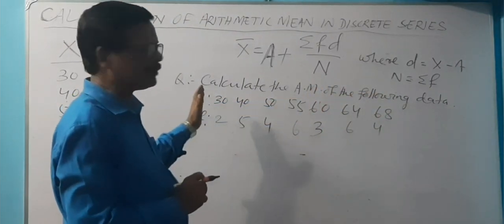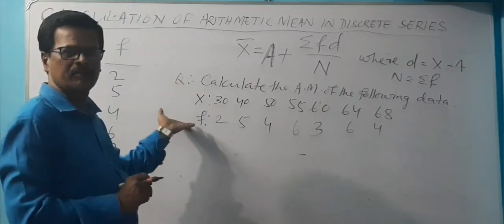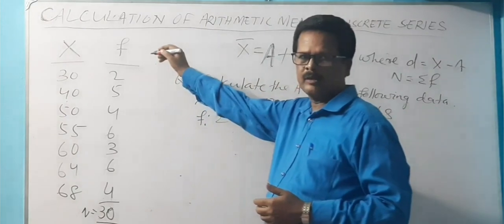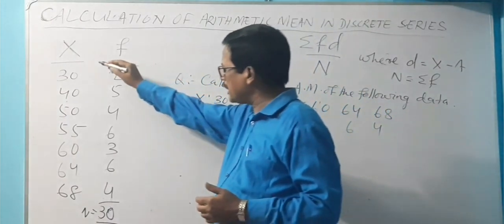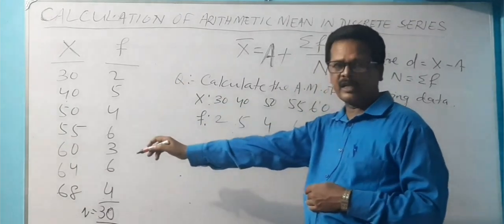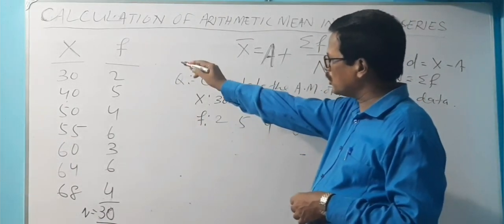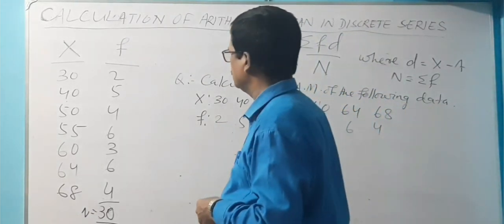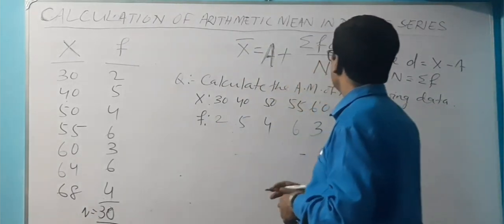To calculate arithmetic mean, x values and f values are given. So write down again in two columns, x column and f column. In the x column write the values 30, 40, 50 as given, and in the f column write down the f values. Now what do we have to calculate?